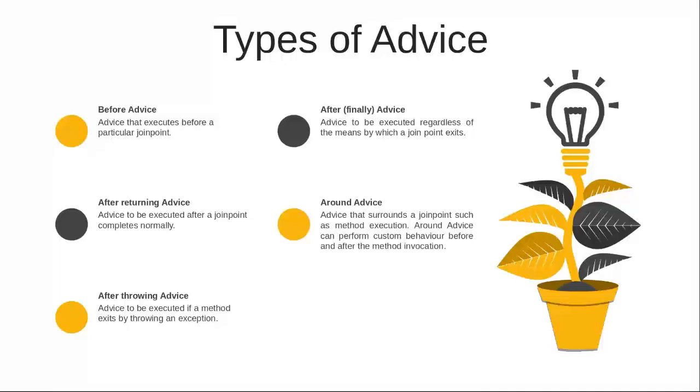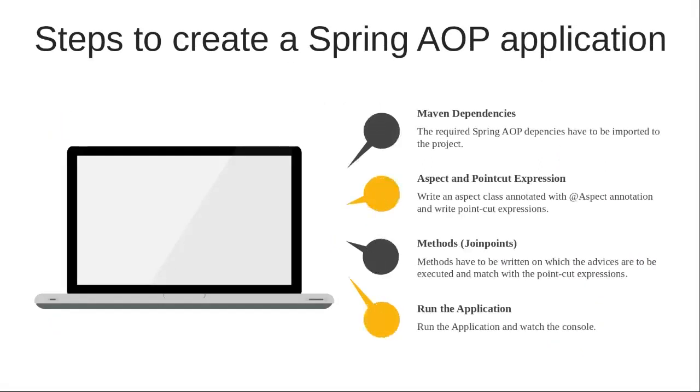It can be either after returning or after throwing, that is not a problem. However the join point exits, the advice is executed. And around advice surrounds a join point such as method execution, and can perform custom behavior before and after the method invocation.